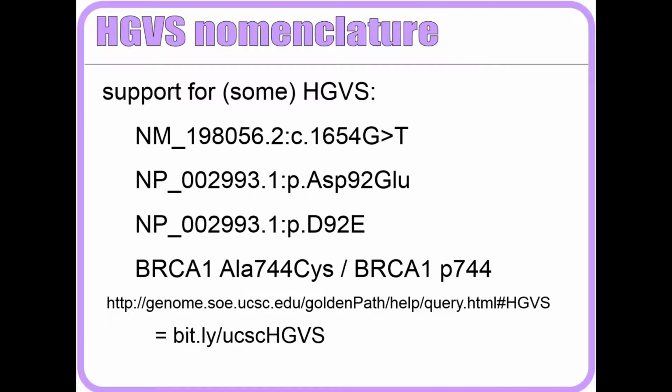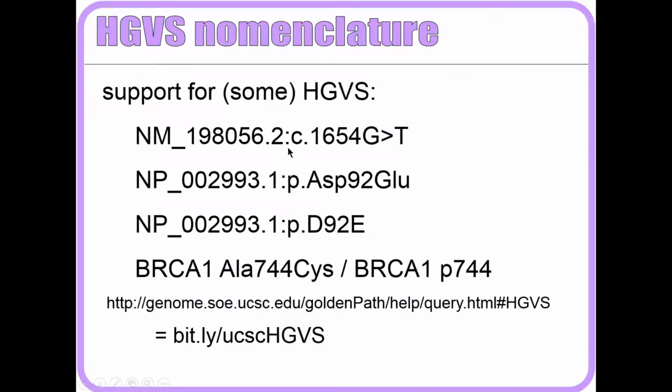So we have a number of different ways of navigating in the Genome Browser, and our most recent addition is support for HGVS. It's an acronym I don't always remember. It's Human Genome Variation Society, I think. It's typically a RefSeq identifier, which identifies a specific isoform of a specific gene.